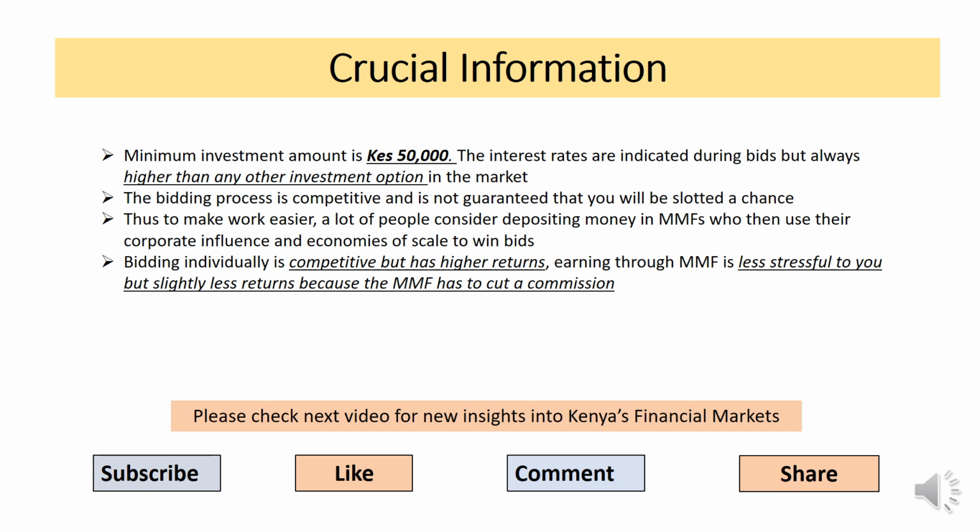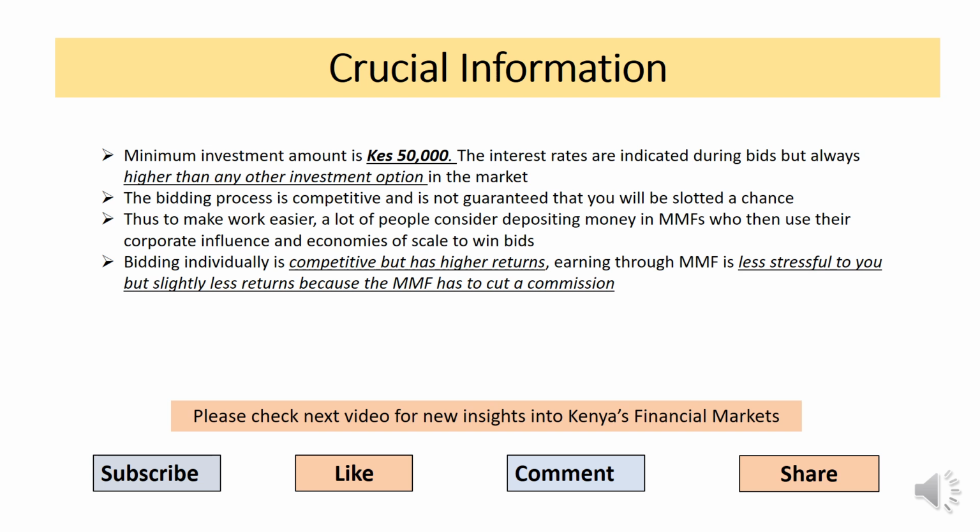Now, it is also important to consider that the bidding process is very competitive. You are not guaranteed that if you have the DhowCSD account and if you bid that you are going to be considered. No, it is very competitive.